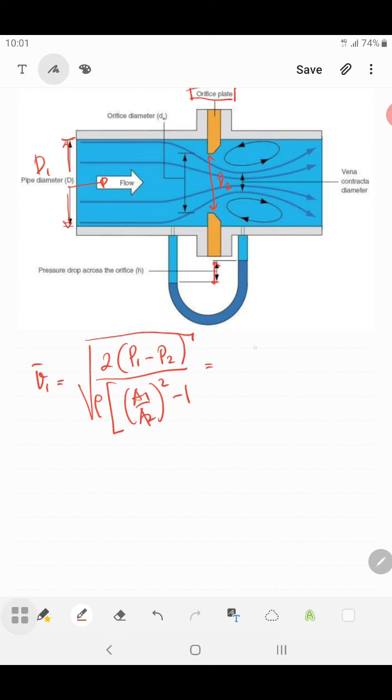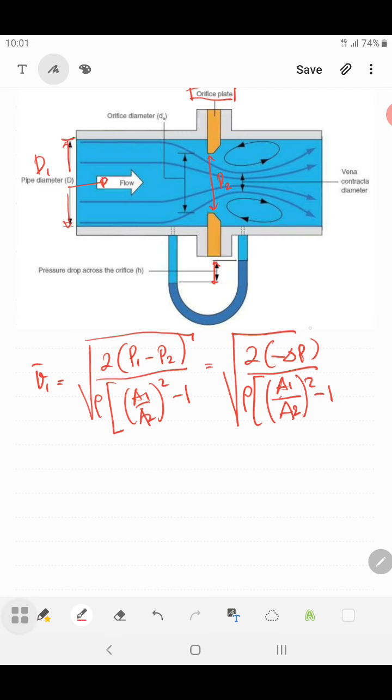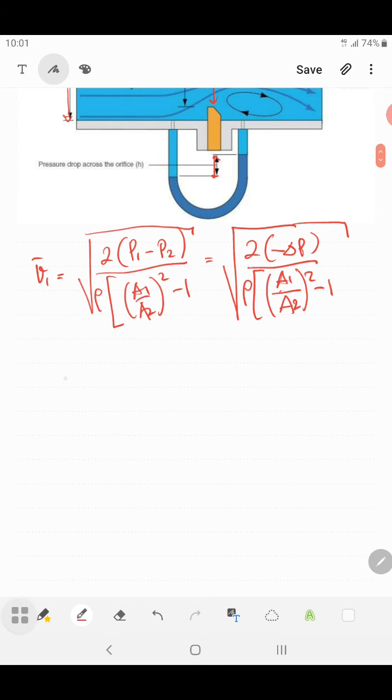The p1 minus p2 can be written as minus delta p, so v1 equals the square root of 2 times minus delta p divided by the density, times the comparison between the surface area at the inlet pipe and the orifice plate, squared, minus 1. This is the equation.